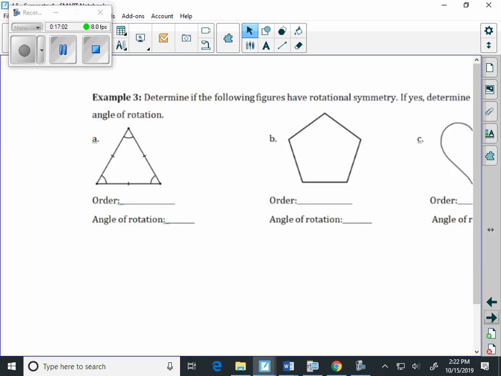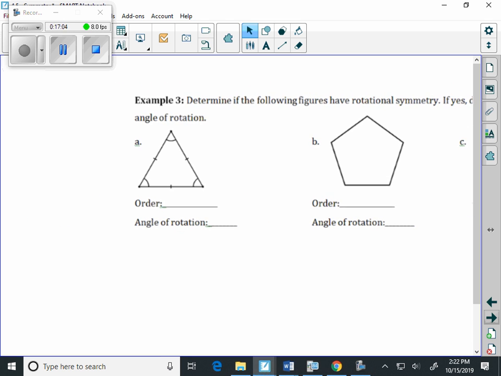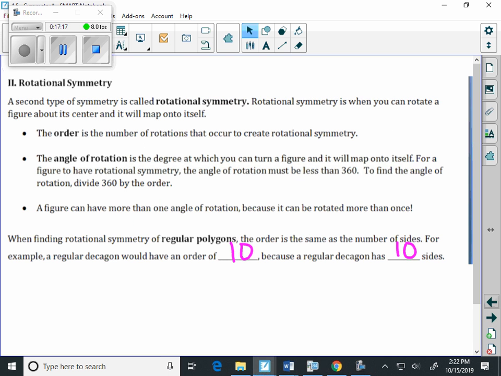I'm going to slide this over for a minute because the board gets disoriented very easily on the left. But first of all, same picture as what we had on the front of our paper. We see that this is an equilateral triangle. And what we just said in our words is, when finding rotational symmetry of a regular polygon, it's going to be the same as the number of sides.